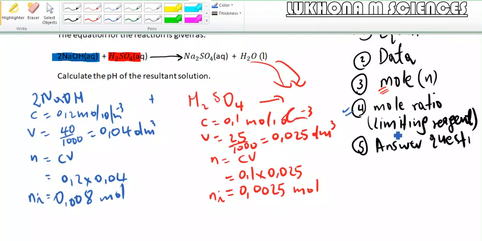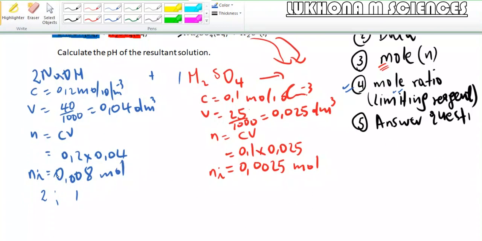Use the mole ratio to get the limiting reactant, because we don't know the limiting reactant in this case. How do we get the limiting reactant? We use the mole ratio. 2 moles of sodium hydroxide reacts with 1 mole of sulfuric acid.